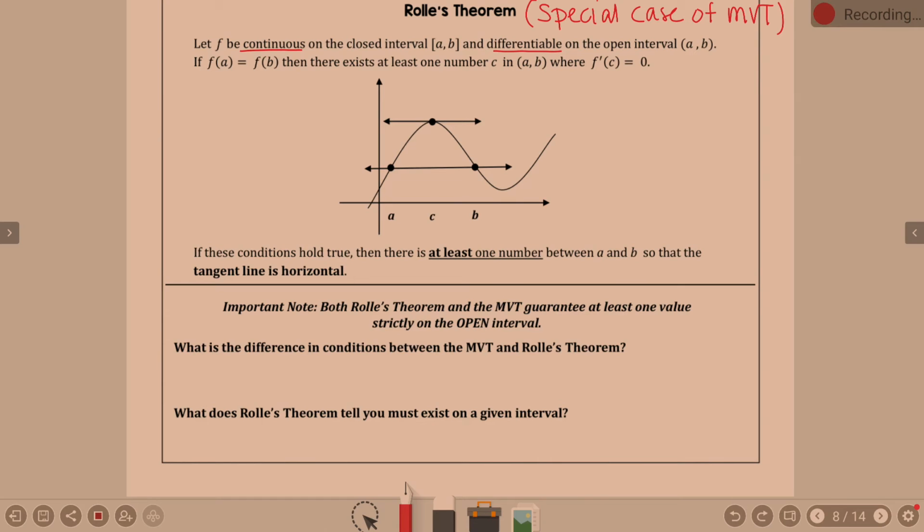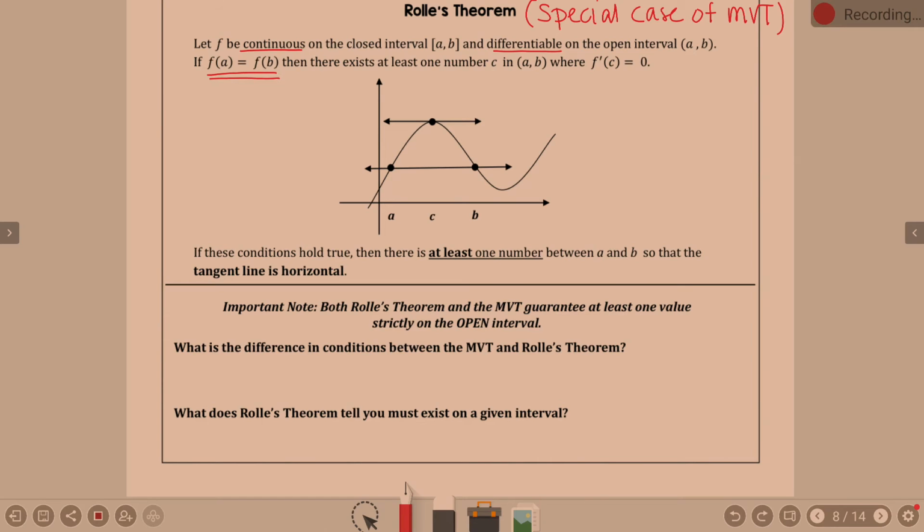And then notice this time it says f of a has to equal f of b. So our endpoints are equal to each other. Then there exists at least one number c in the interval a to b where the derivative equals 0, where f prime of c equals 0.